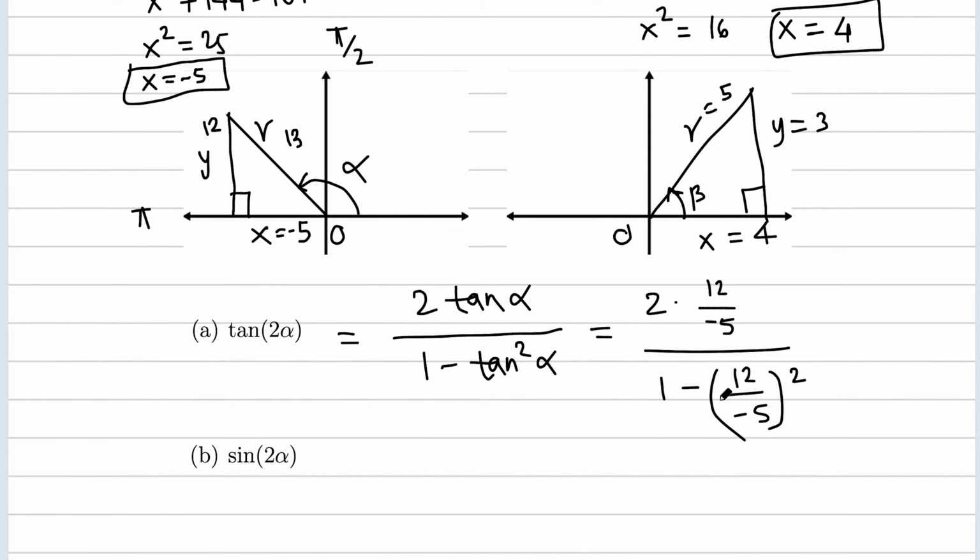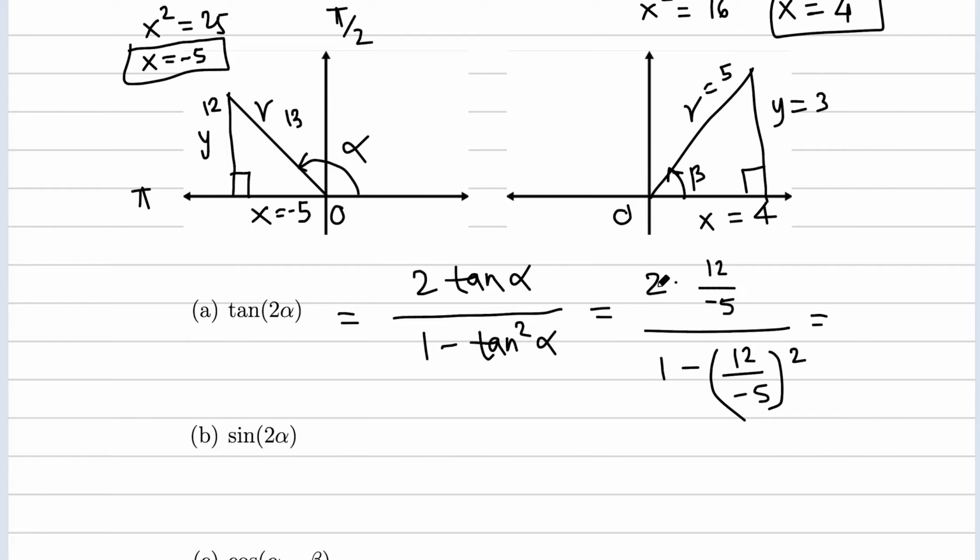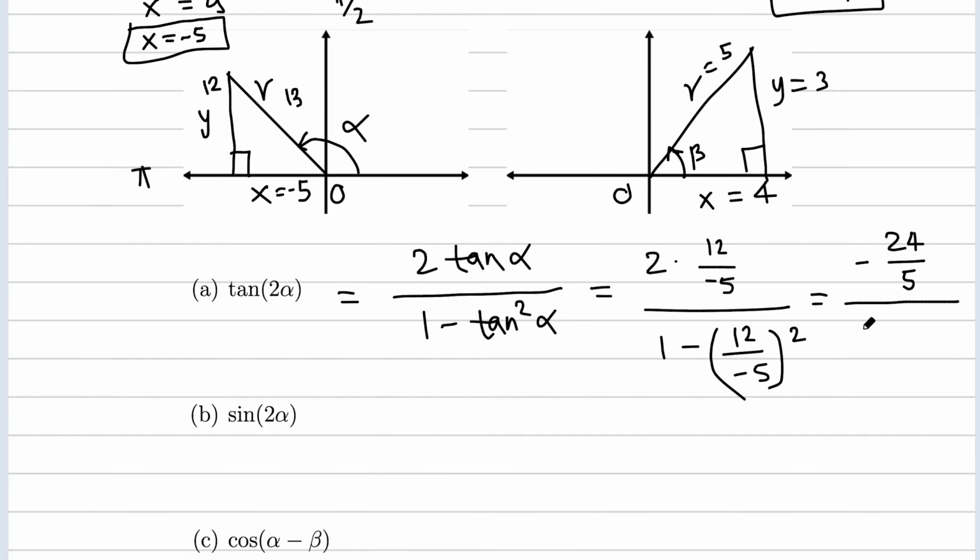Let's simplify. Multiply the tops: 2 over 1, by the way, this negative in the front, 2 times 12, 24 over 5, all over 1 minus, now this quantity squared means this negative squared will be positive, 12 squared, 144, divided by 5 squared, that's 25.